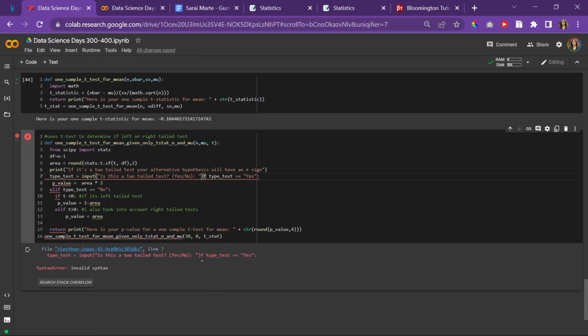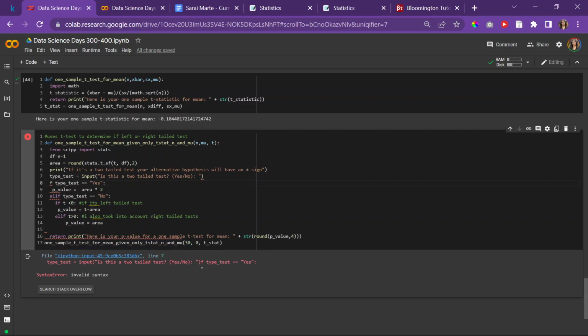Oh no! It's okay, I can rewrite it again. If type test equals yes, indent that. Let me see. Should be here. This one should be indented. I'm so confused.